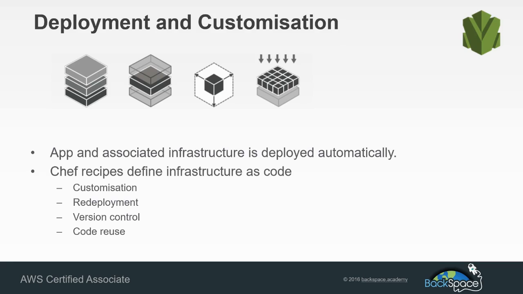So we can use those Chef recipes to further customize, and to redeploy our environment again. We can also use those Chef recipes under version control. So we can not only have our infrastructure as code, we can have our infrastructure managed under version control. And we can also reuse our code.